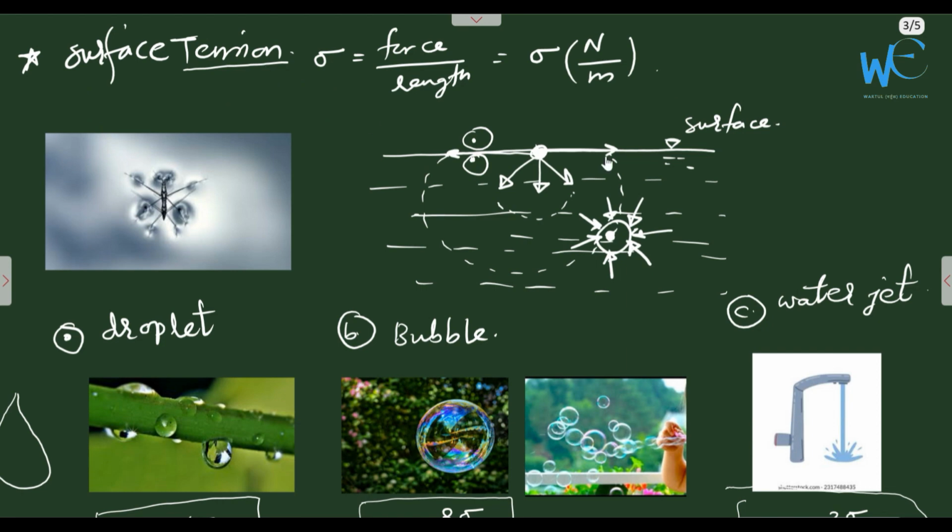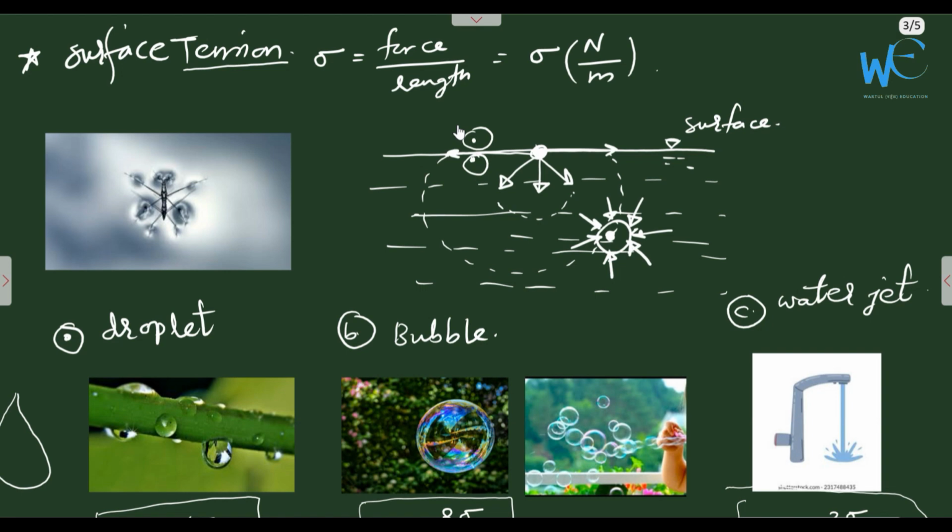Tension means, if you notice this figure, take this molecule inside the liquid: pressure comes in from all directions from the same liquid, so cohesion dominates. But if I take one molecule situated on the surface, these are all water molecules, but above the surface all are air molecules.